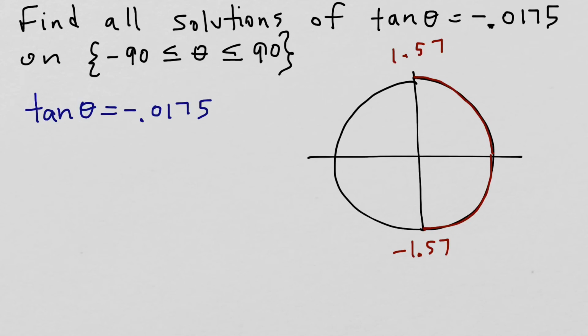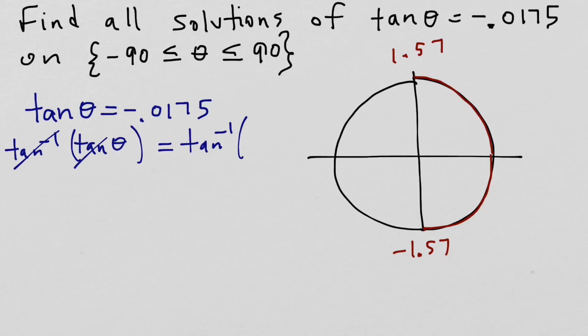All right, so here's our equation. So we want to undo that tan, so we're going to say inverse tan of the tan theta will equal inverse tan of the right-hand side. And that'll give me my angle theta. So if you type that into your calculator in radians, you should end up with negative 0.017498.